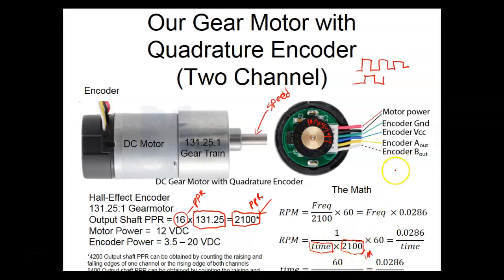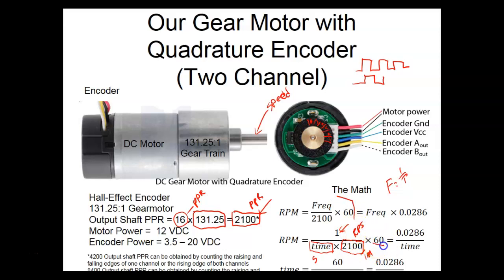If I know time and I want frequency, then frequency is 1 over time. This gives me revolutions per second because my time's in seconds, right? You understand? So the reciprocal of that would be revolutions per second.